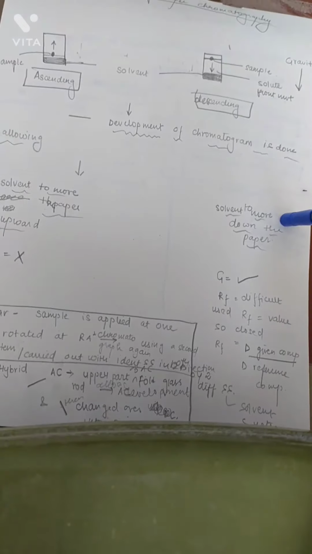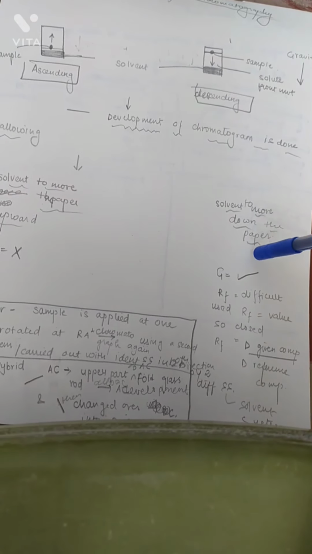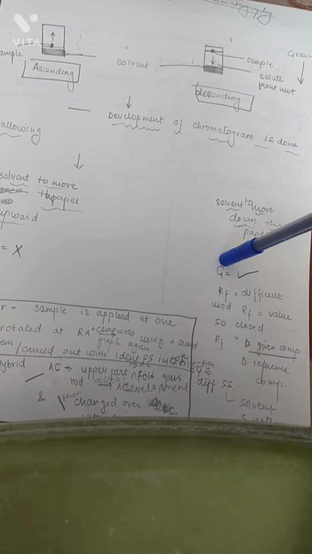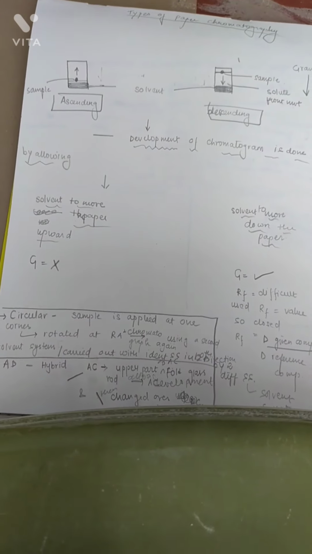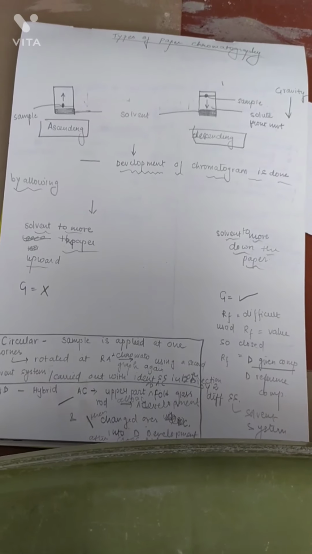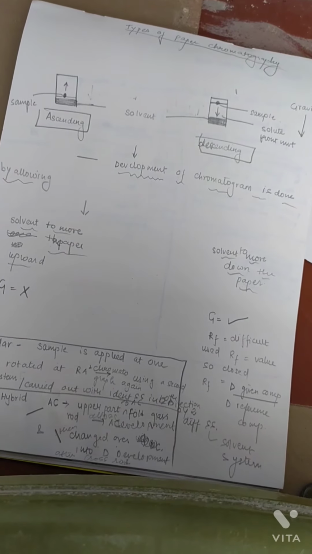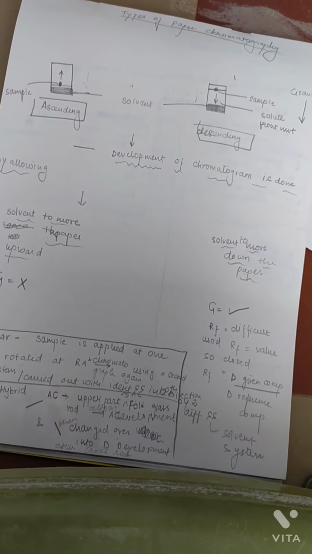In descending chromatography, the solvent moves down the paper, under the influence of gravity. You can observe it, and by the figure you can understand the concept.